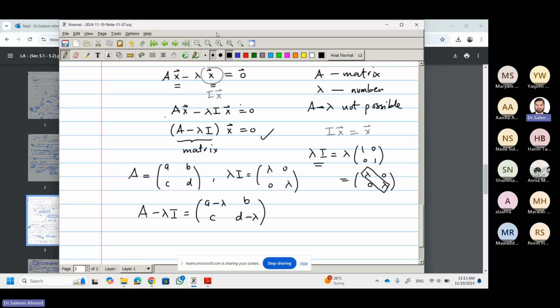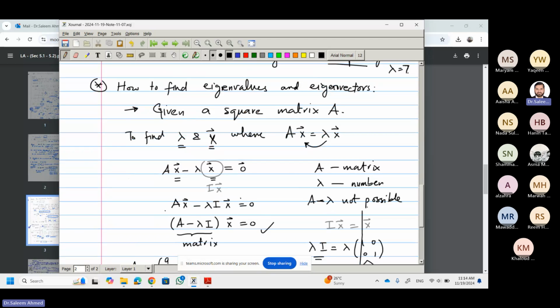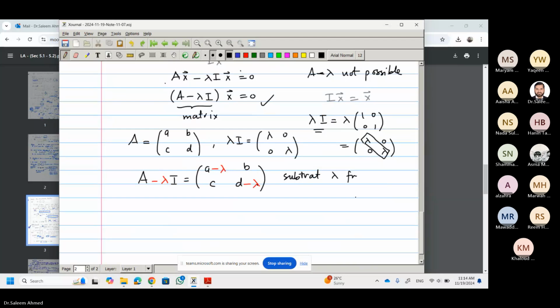It means I just subtracted lambda from the diagonal. If A minus lambda I is written, just subtract lambda from the diagonal. That's it. Off-diagonal elements don't change. So how did we get this matrix? By subtracting lambda from diagonal entries. You don't have to write these both and do that. Just subtract lambda from the diagonal.